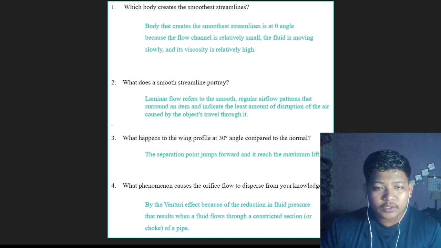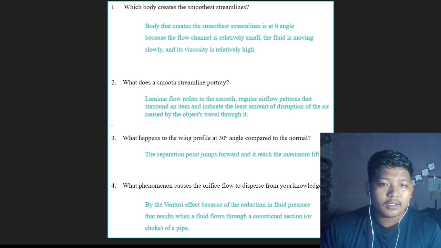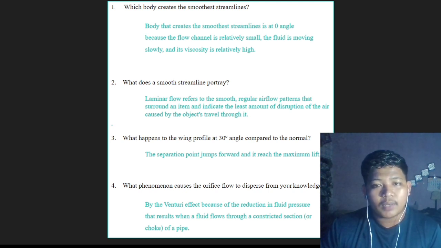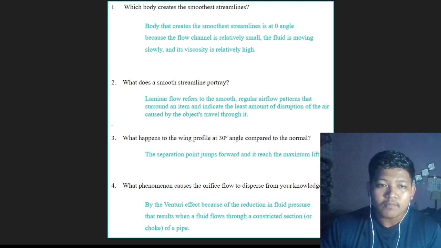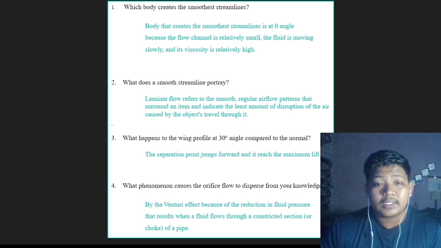Laminar flow refers to the smooth, regular airflow patterns that surround an object and indicate the least amount of disruption of the air caused by the object's travel through it. The third question is what happened to the wing profile at a 30-degree angle compared to the normal? The separation point jumped forward and it reached the maximum lift.